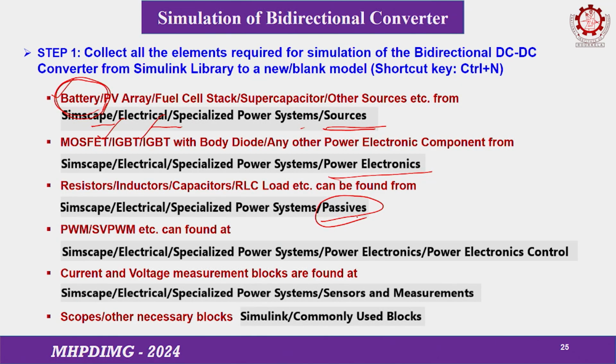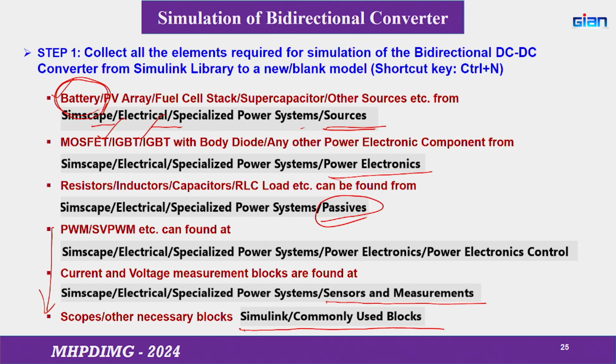I will share this slide so you can see how to get all the components. For voltage and current measurement you will use the sensor measurement blocks, and for scopes you can use the commonly used blocks inside Simulink.